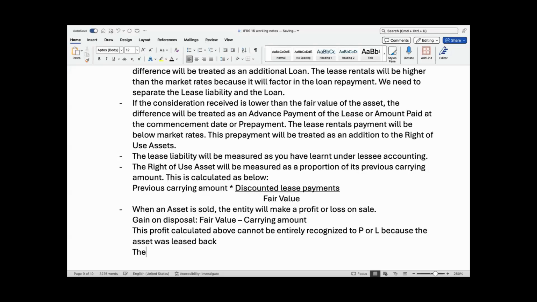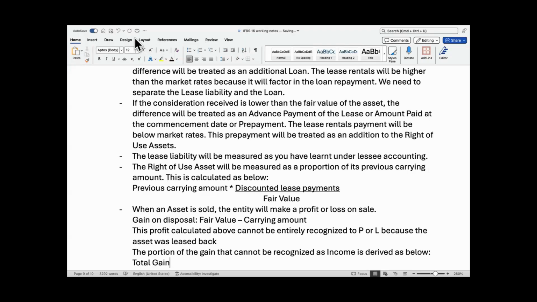So the portion of the gain that cannot be recognized as income is derived as below. So you get that total gain computed above.